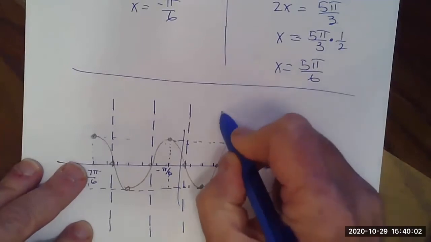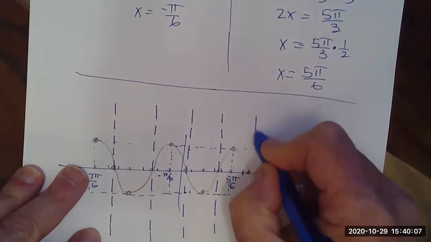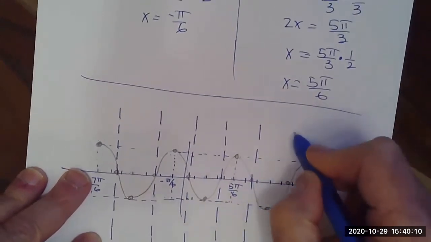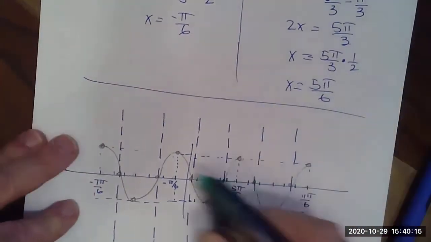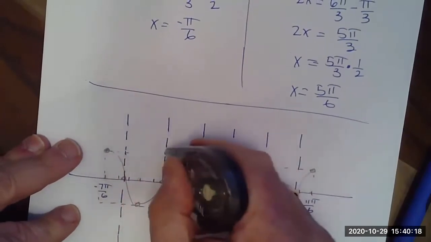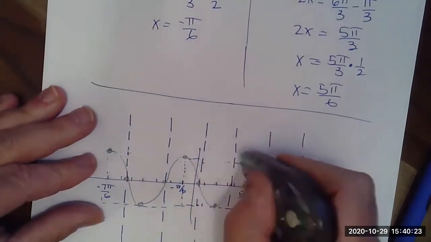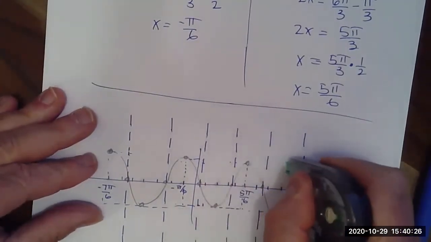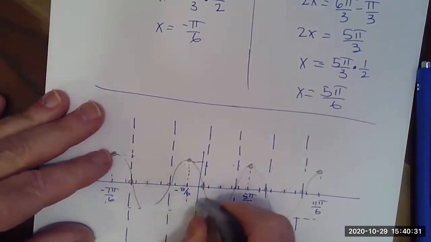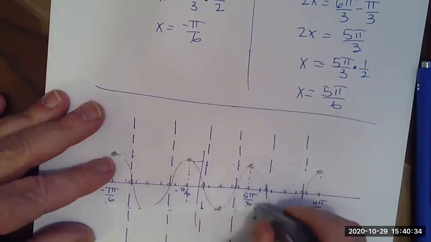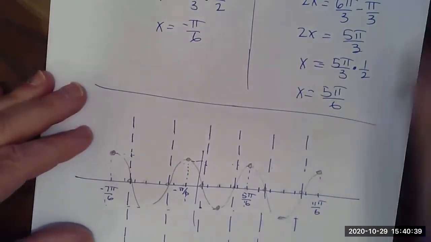A lot of dotted stuff here. Okay, I'm gonna erase all my little boxes here. Red pen.